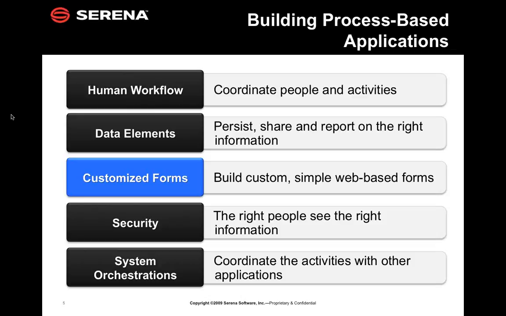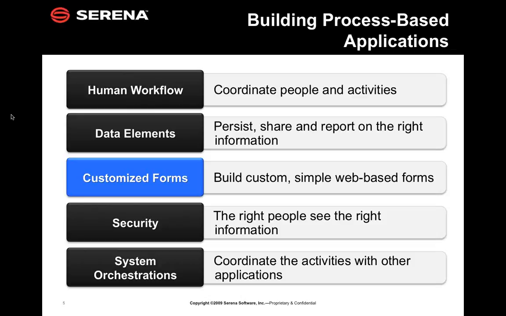Going beyond that, you've got those couple points around security and system orchestrations, which we won't necessarily touch on in any great detail today, but an important point of any application is the security, who can see it, who can interact with it, and who can interact with the right parts of it. And then the system orchestration piece, in that I build a process-based application that does proposal generation.